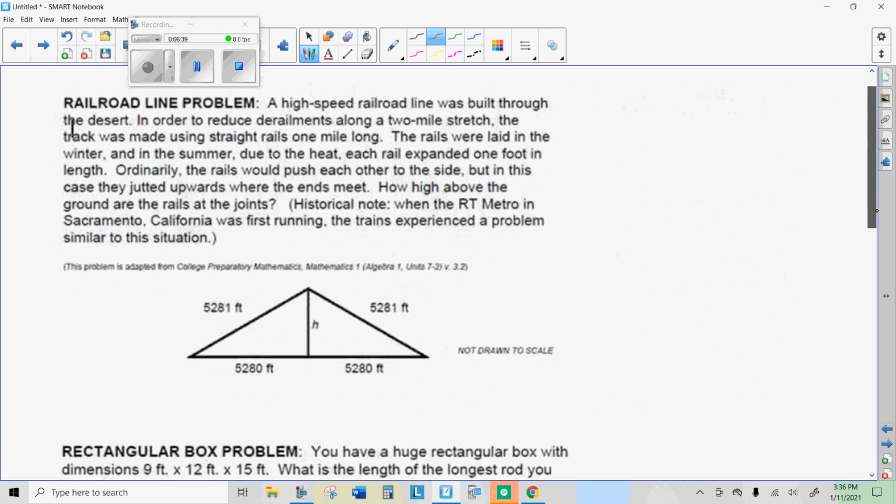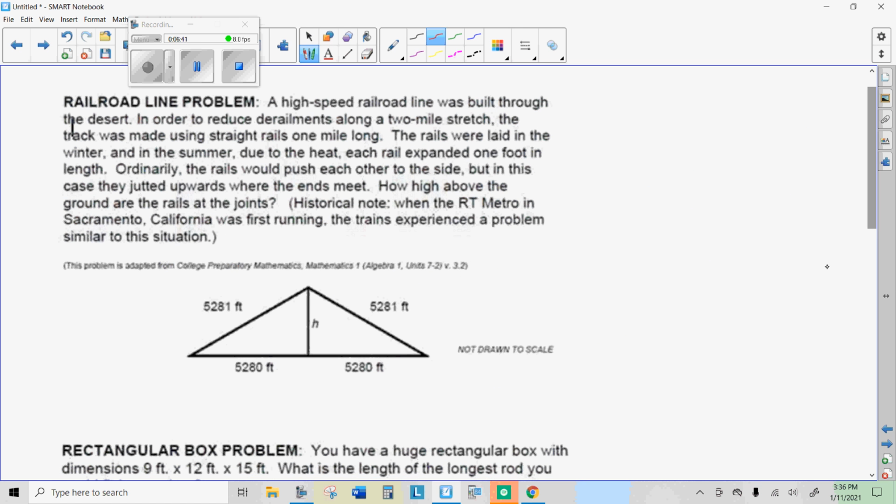All right, on the last page here, we got a railroad line problem. Metal expands and contracts as it heats up, and for each mile of track it can expand up to 1 foot.